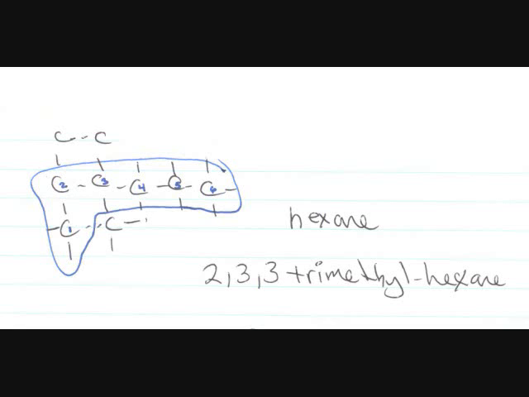Okay, so what's our base chain? 6. Which is? So this is going to be hexane. What else? So we have two functional groups off of it? We actually have three. And they're all methyl. So now, anything that'll help when you're counting your chains. Would it be 1, 2, 3, 4, 5, 6?